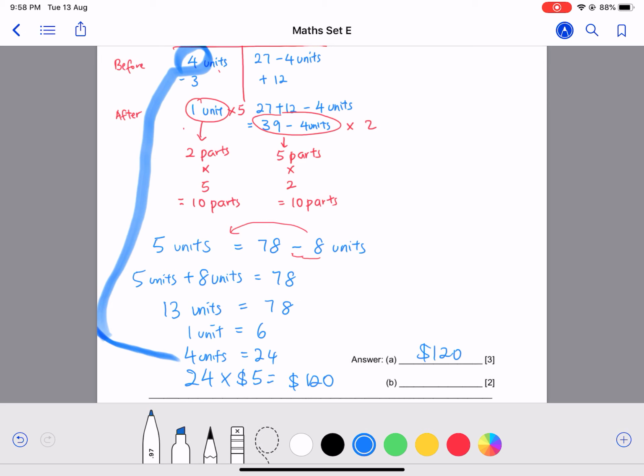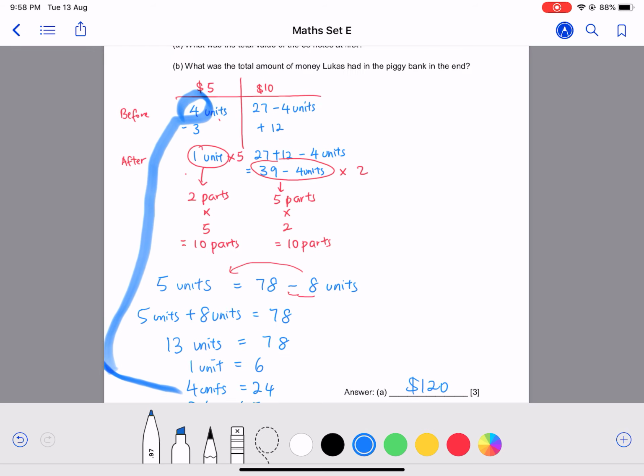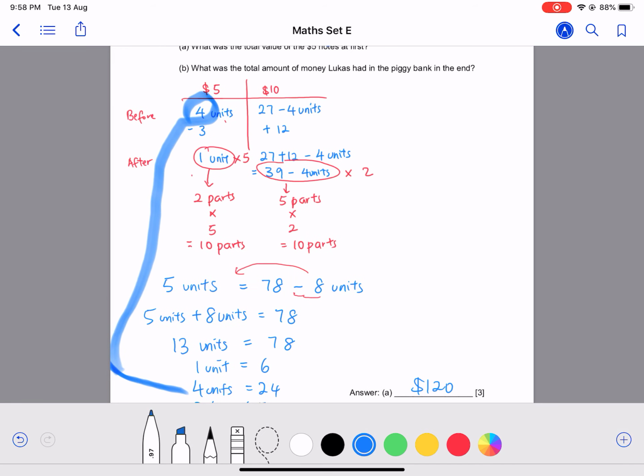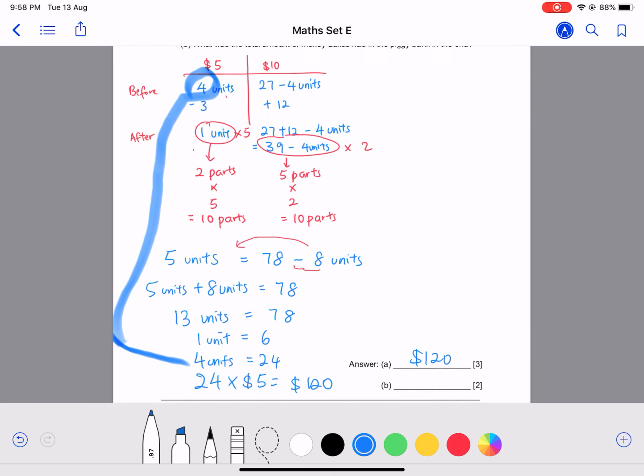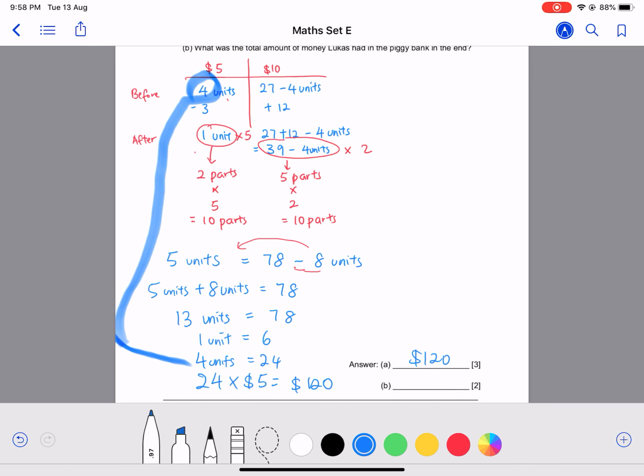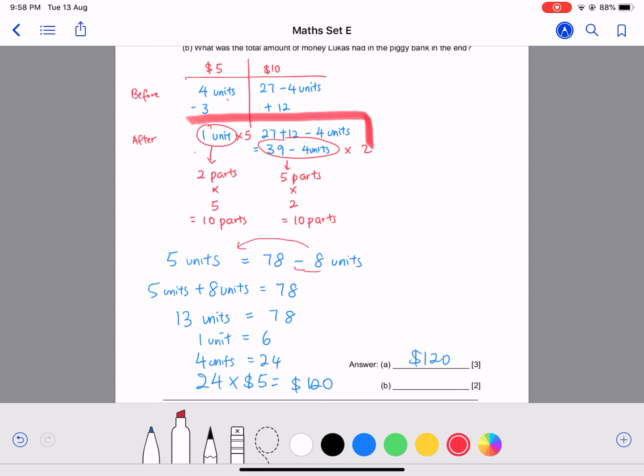Now for part B, what was the total amount of money Lucas had in the end? Where is all the in the end? All the ones that are in the end is, let me highlight here. But you already know 1 unit is 6, right?